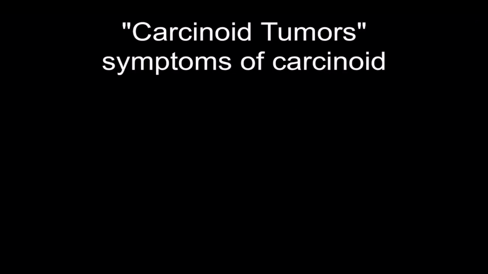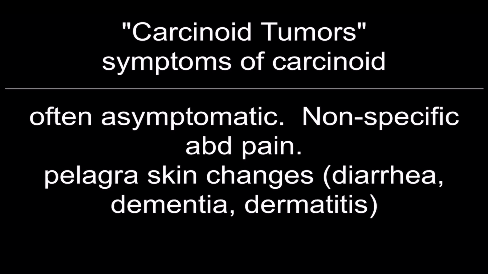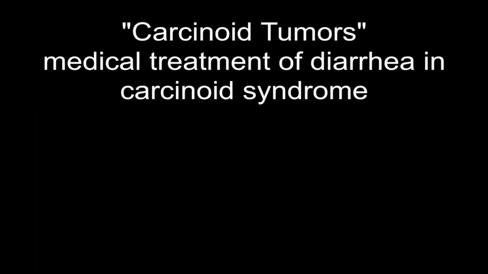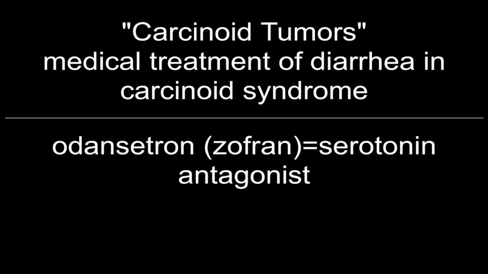What are some symptoms of carcinoid tumors? They are often asymptomatic, non-specific abdominal pain, pellagra, skin changes, diarrhea, dementia, and dermatitis. Medical treatment of diarrhea in carcinoid syndrome. Ondansetron, which is Zofran, which is a serotonin antagonist.